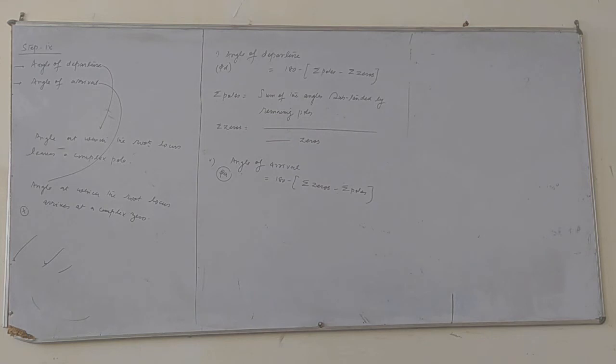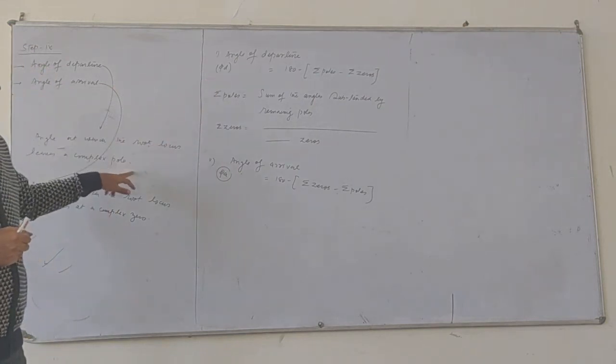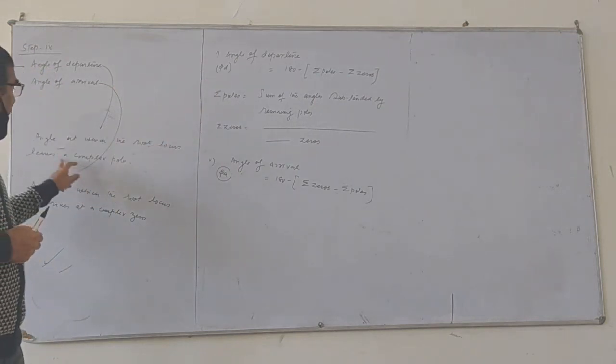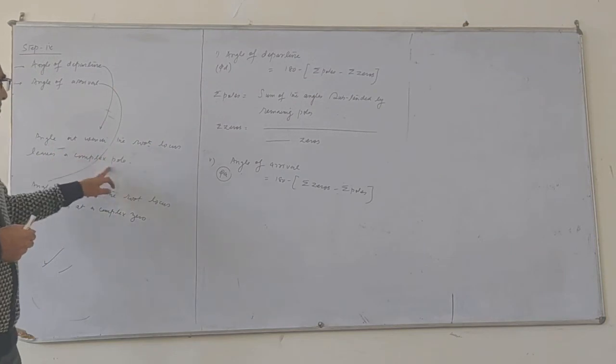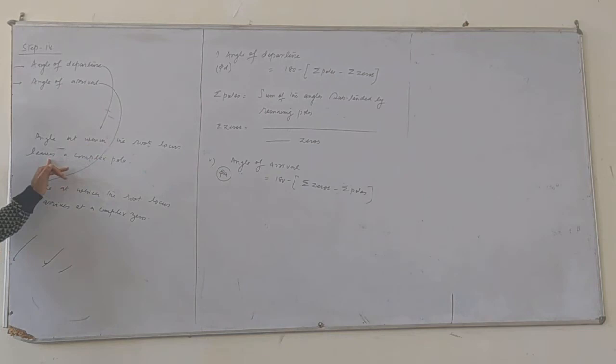You should not just start calculating for anything given. Whenever you have a complex pole or a complex zero, only then. If it is a complex pole, you have to calculate the angle of departure.